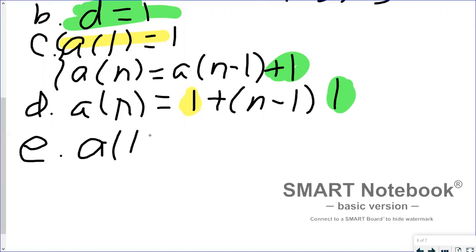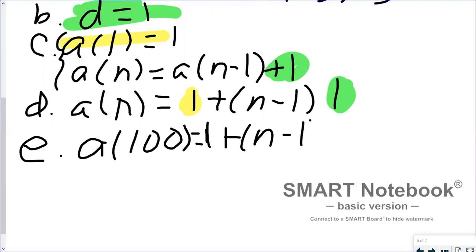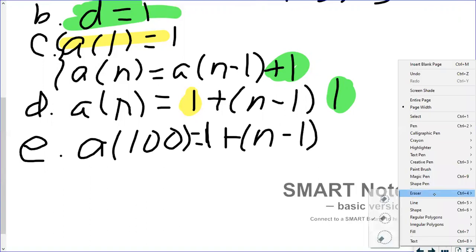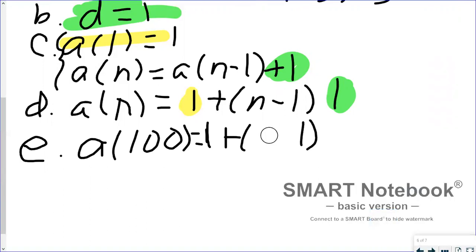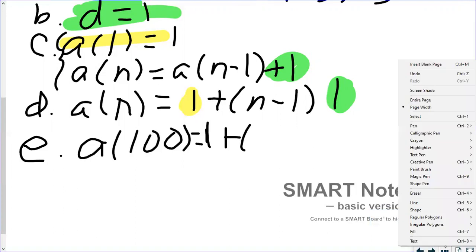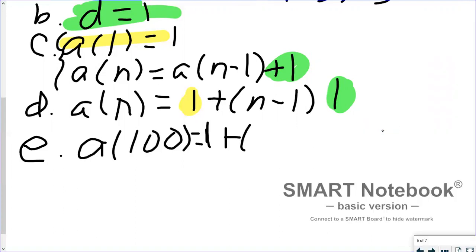So A100 equals 1 plus 100 minus 1, and plug in the 1. So we're plugging in this 100.